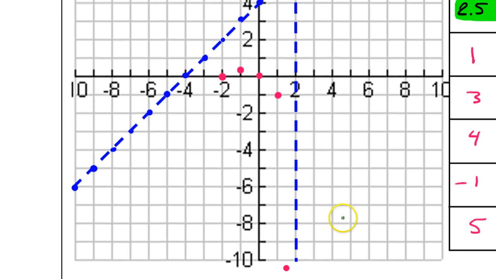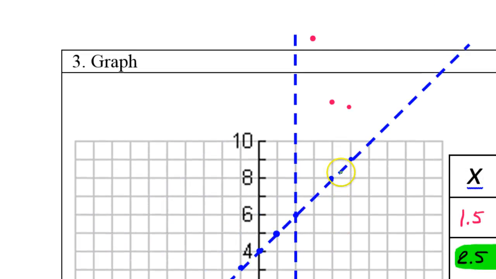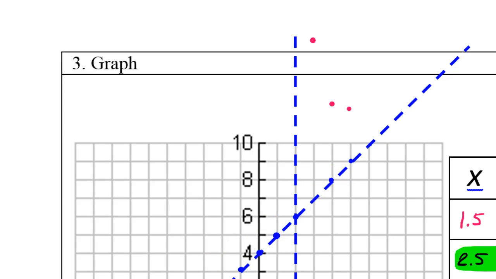So now I'm just going to go ahead and draw these two branches, approaching the asymptotes and going through these points. Okay, this branch got a little sketchy in here, little bumps and bruises, but you get the idea. And I'm going to do the same thing up here as best I can. Yeah, I'm going to just let you watch me struggle.